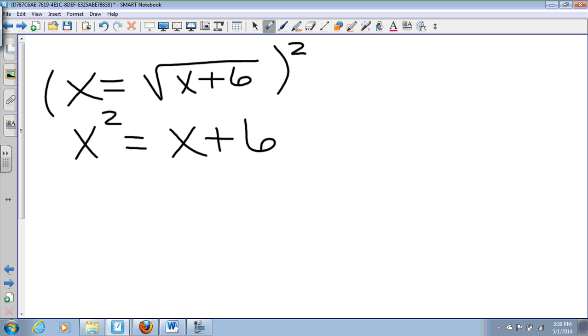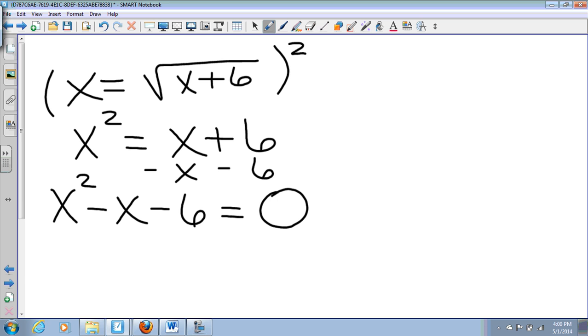Now, we can set that up into a polynomial, ax squared plus bx plus c equals 0. So I would subtract x and subtract 6 from both sides. So I have x squared minus x minus 6 equals 0.